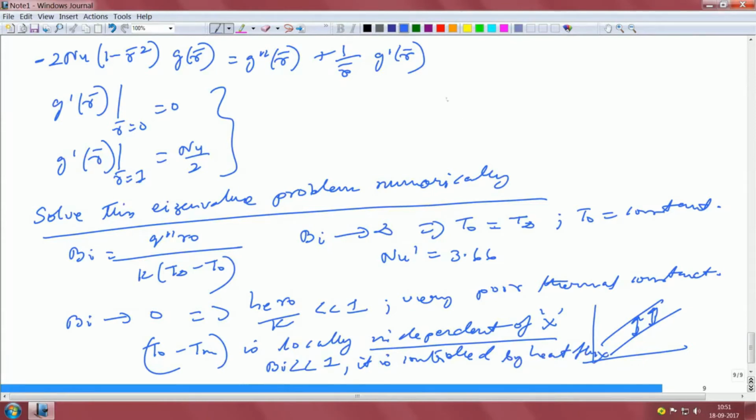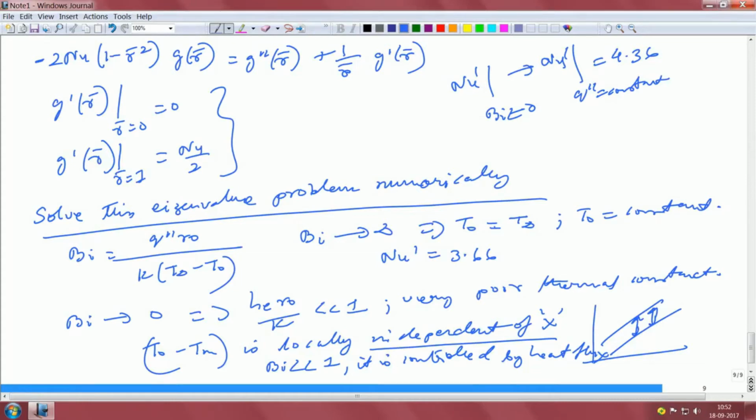That means the Nusselt number prime at Biot number approaching 0 will approach the Nusselt number of Q double prime equal to constant, that means it will be equal to 4.36. So, that will be the value of Nusselt number that you are going to get once you have this kind of a situation.